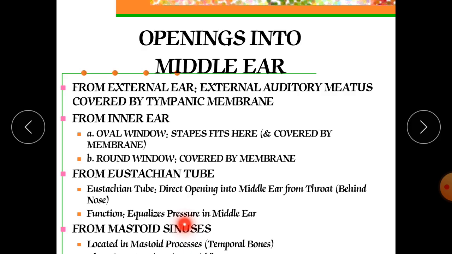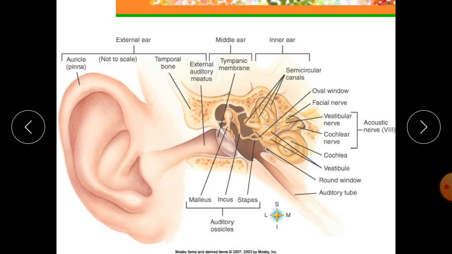Function: it equalizes pressure in the middle ear. It maintains the pressure in your middle ear. Then there is the mastoid sinus located in the mastoid process of the temporal bone. Here you can see the middle ear, where you can understand the location of the malleus.